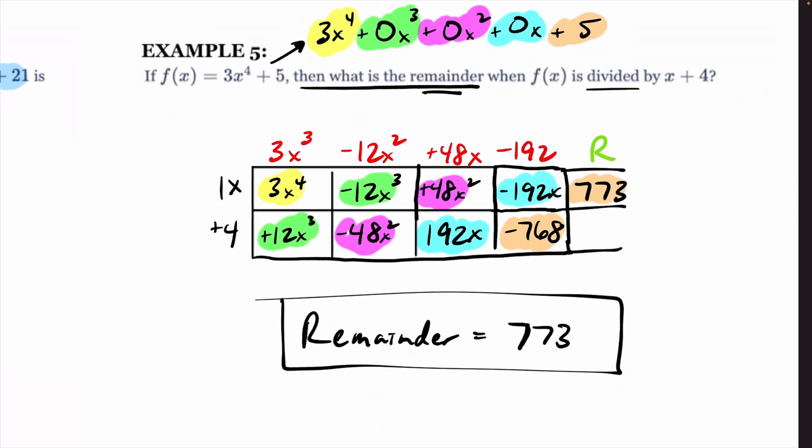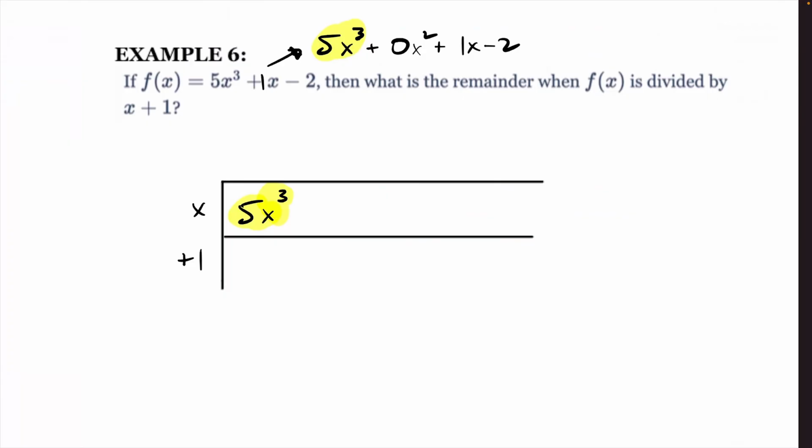Okay. So is there any missing terms for number 6? There is one missing term. So make sure you fill that in with a 0. If you're still working, I'm just going to start. But if you get stuck, then you can look up here.